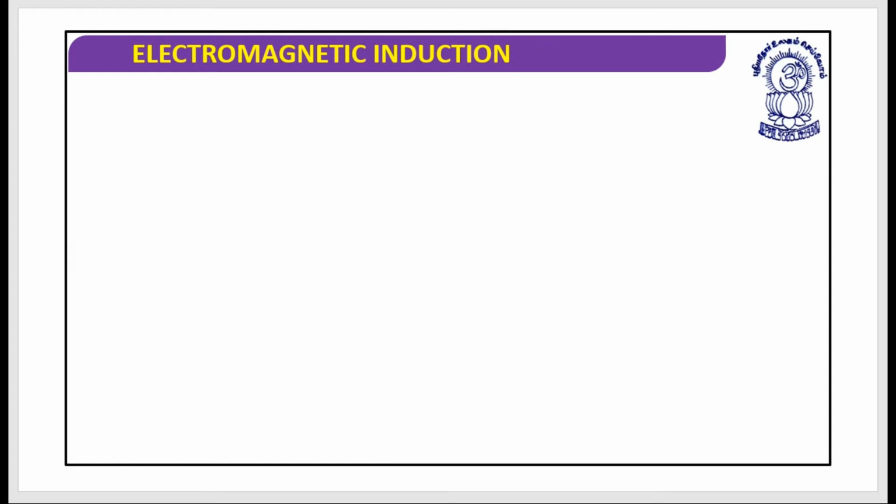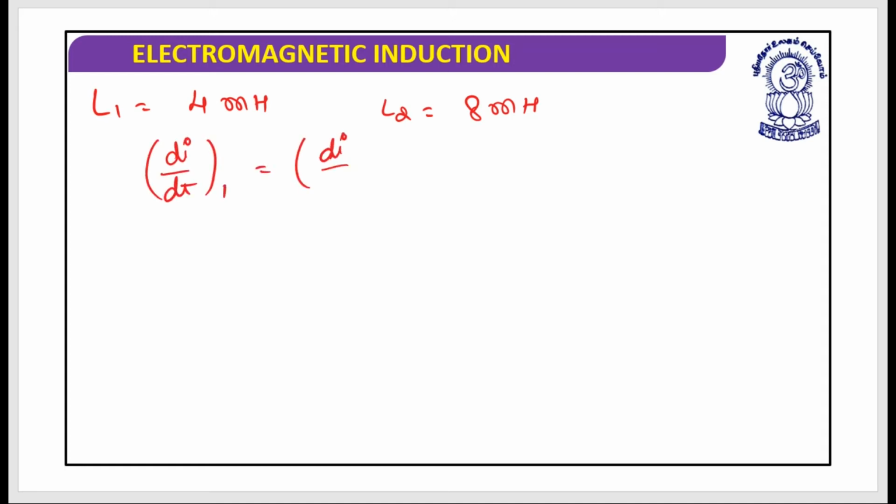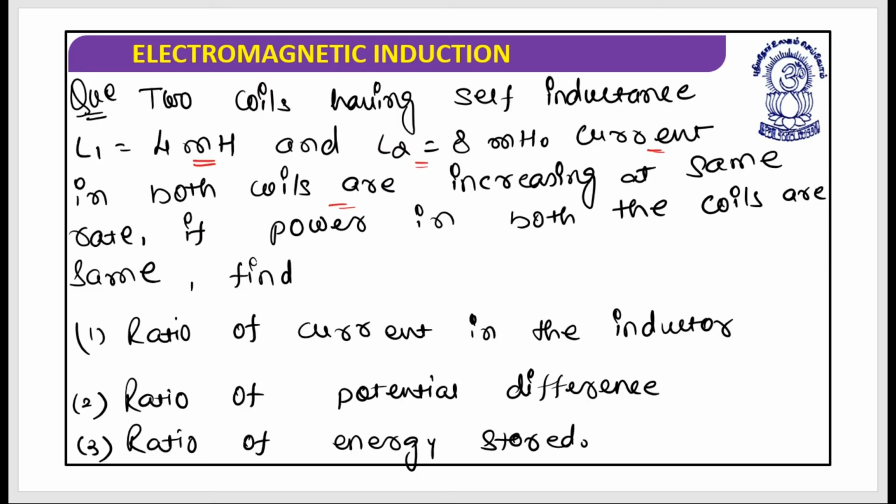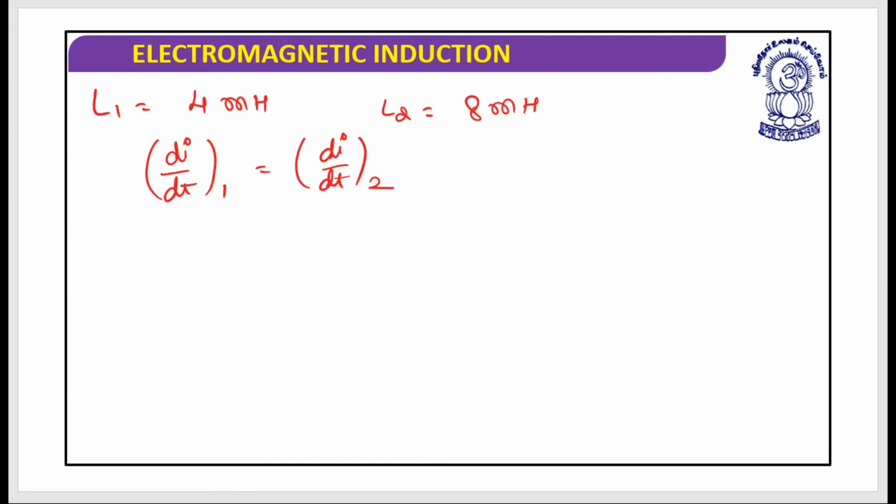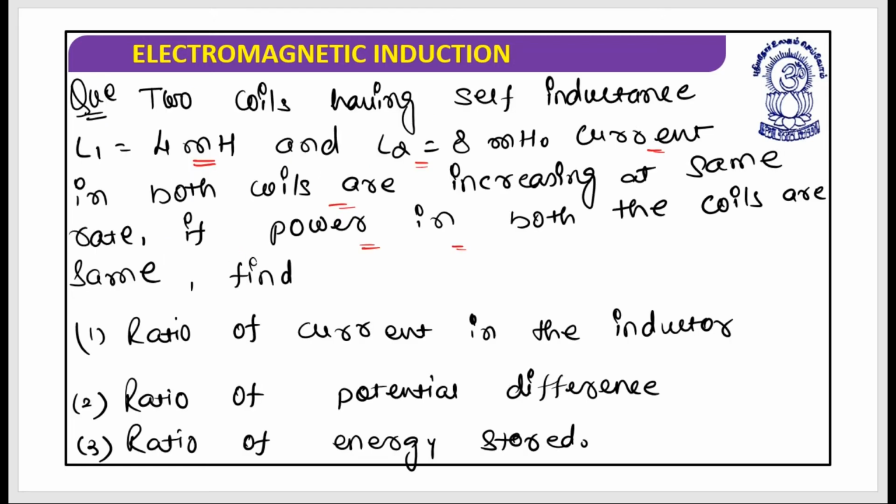So let me summarize: L1 equals 4 millihenry, L2 equals 8 millihenry, and the current is increasing in both coils at the same rate, di by dt1 equals di by dt2. Next, the power in both cases is the same, so P1 equals P2. What I need to find is the ratio of current in the inductors.